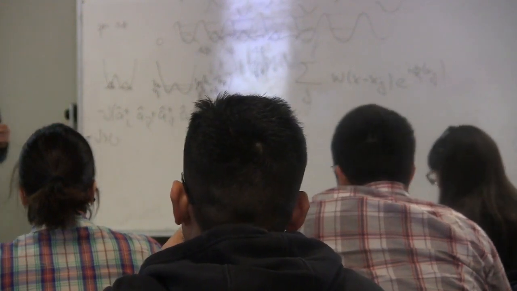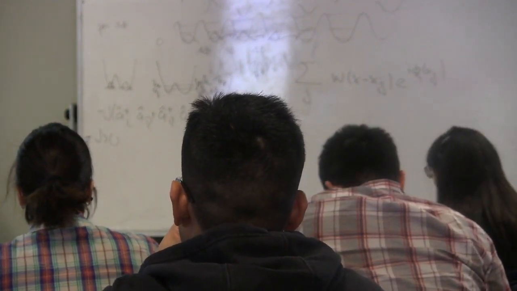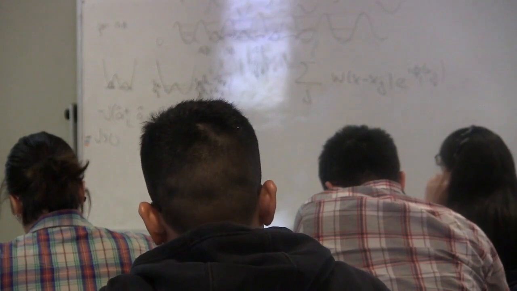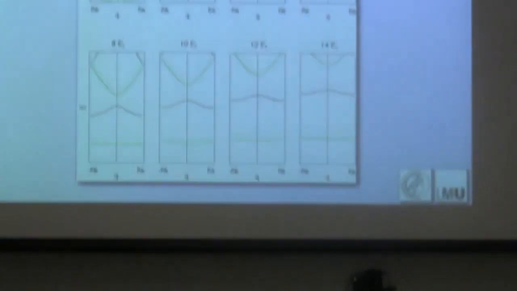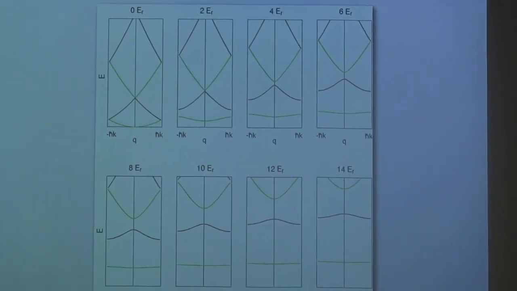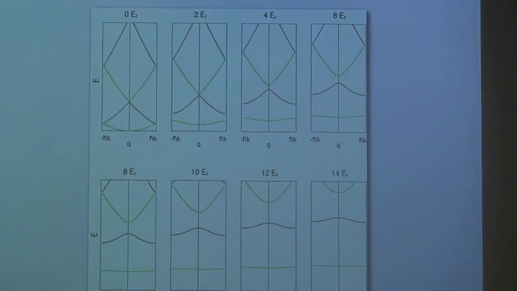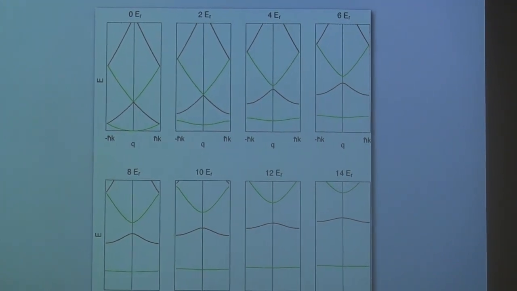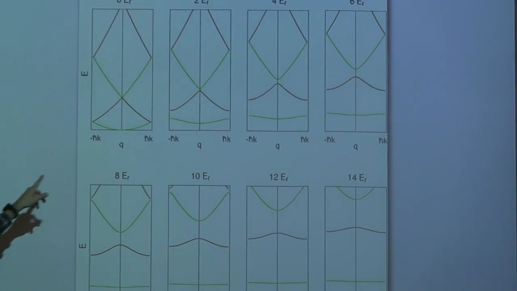Now you can understand how this band structure emerges, and we'll come to the eigenstates in a second. Imagine we start with a free particle. For the free particle, we have just a p squared over 2m dispersion relation for non-relativistic particles. This is what I've plotted here.